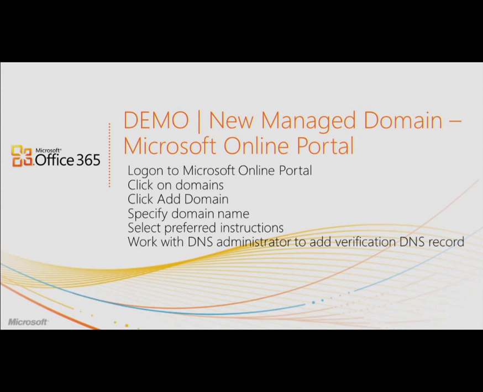We will see this procedure in a demo in a few seconds. In the end, you will need to work with your DNS administrator to add a verification DNS record to your DNS maintainer.